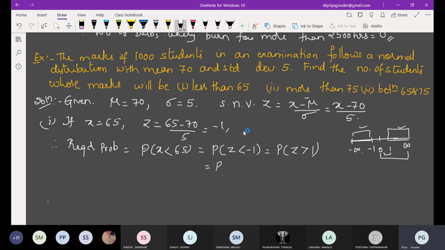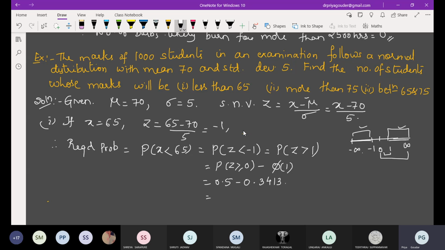So this is probability of Z greater than or equal to 0 minus phi of 1. Correct? 0 to 1 is phi of 1. This is 0.5 minus phi of 1. What is phi of 1? 0.3413. See, only Tirthraj is answering.